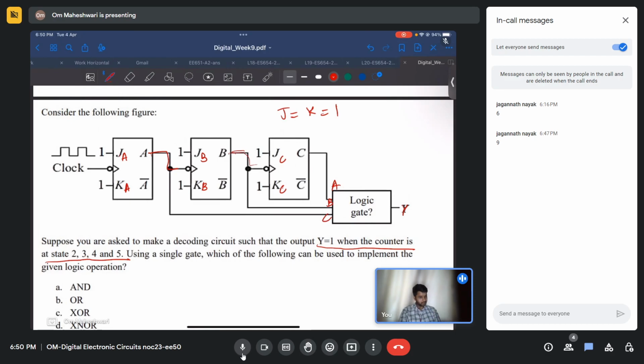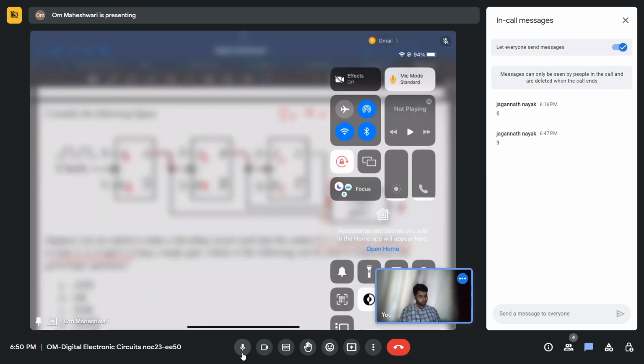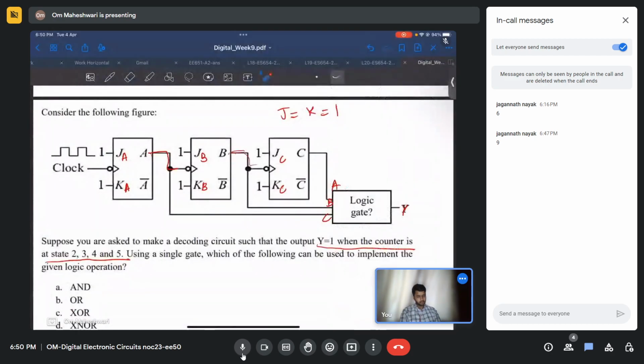Another thing to see here is that it is negative edge triggered. See the bubble here. This bubble means negative edge triggered. That means whenever the clock input goes from 1 to 0, only then does the transition happen.